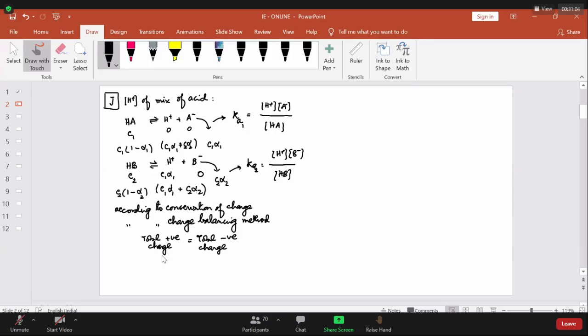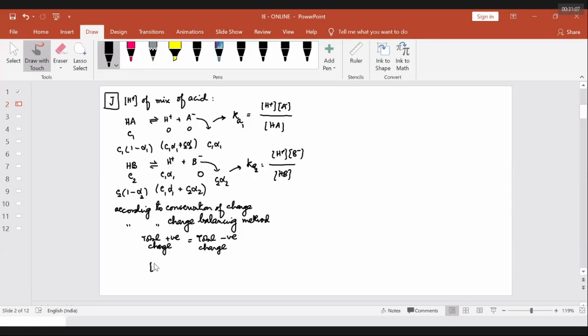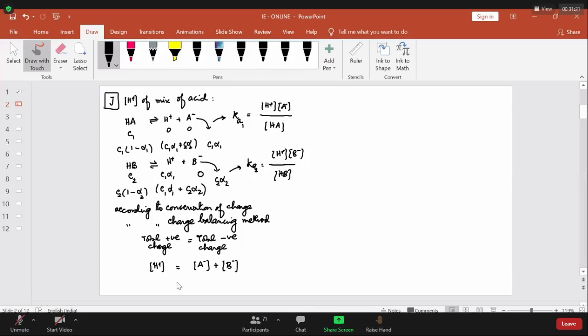Okay. Now, total positive charge, whole H plus ion concentration, is equal to concentration of negative charge plus concentration of negative charge. Right? This is called the charge balancing equation, charge balancing method. IIT students enjoy this one, right? Come on.